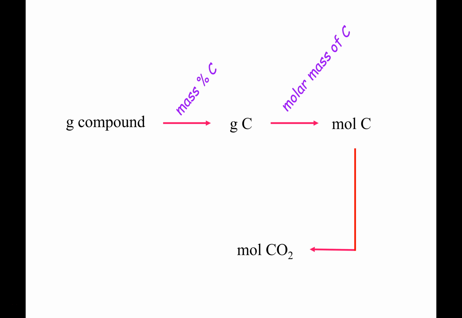And then we can use the molar mass of CO2 to get from moles of CO2 to grams of CO2. So we don't have to know the x and the y, but you do need to know the weight percent of carbon.